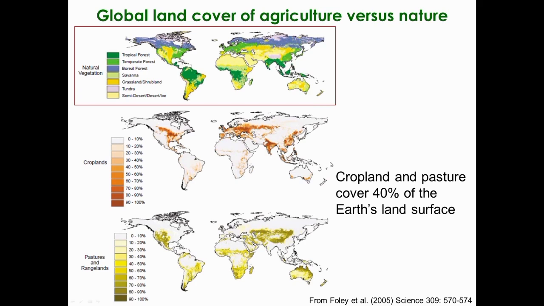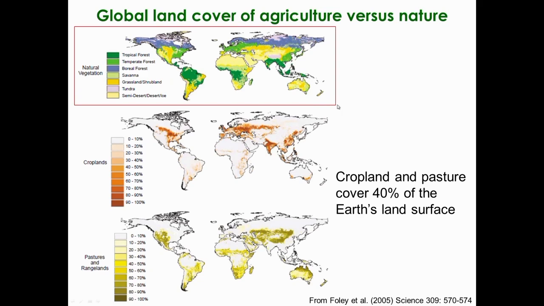We can see that these agricultural lands are covering about 40% of our planet's surface. About a third of that is for the croplands, and about two thirds for the pasture and rangelands. And by comparing these two maps with the upper natural vegetation map, we can start to see what sort of land use changes have taken place.